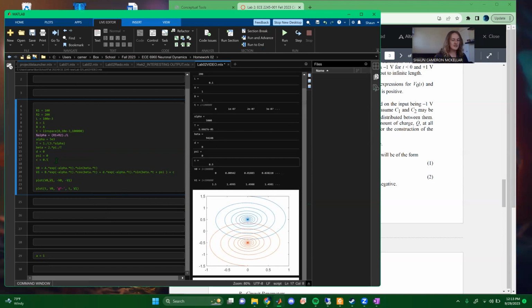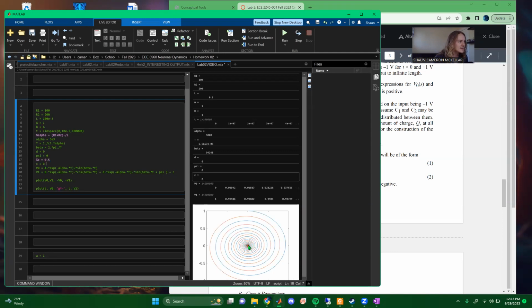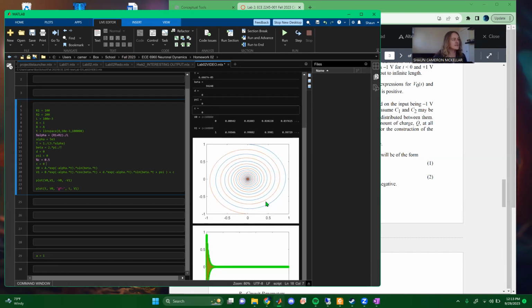If I instead copy this line C, set C equals 0 and rerun it, I can see that they line up now right in the center, and that they're offset by 90 degrees, which you'll be able to actually derive in a subsequent portion of the lab. And I can also see that now my decaying oscillators are exactly overlapping.